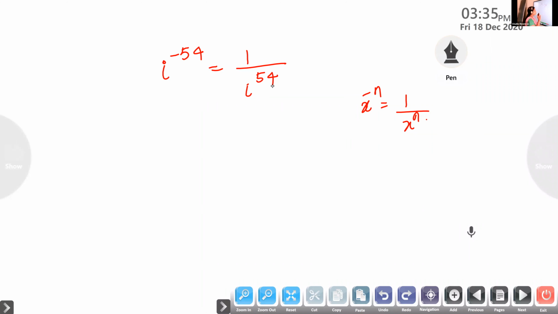Whenever you are given powers of I, we can simplify this. So what is the answer here? I raised to 54, is it 1? What is the answer, Gauri? Negative 1. Are you getting this answer, Diya?